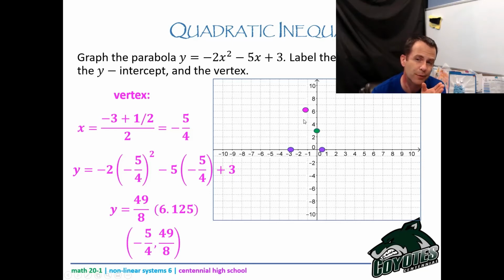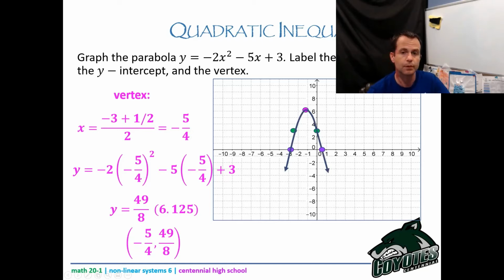Now, I know the vertex is a little hard to read there, so I'm going to base it with my x-intercepts. I'm half away from that x-intercept, so I can go to this -3, go half in and up, and I can get another point right there, okay? And now I have enough points that I could draw an accurate sketch of my parabola, okay?